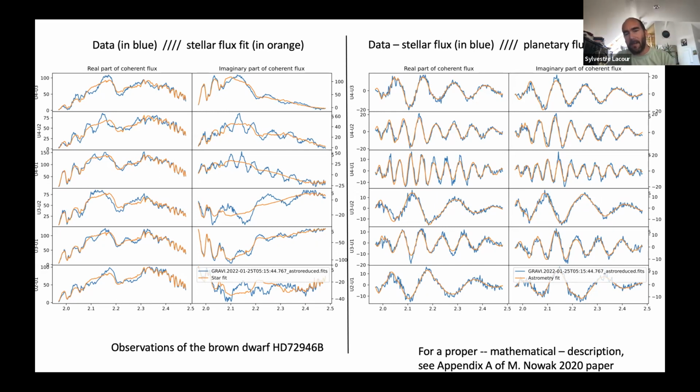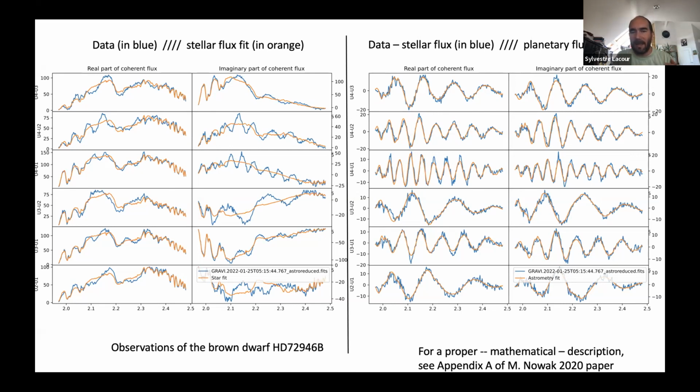So as a function of wavelengths, the visibilities spiral in phase like that. And this spiral here gives us exactly a very, very precise optical path difference between the position of the star with respect to the position of the brown dwarf here.